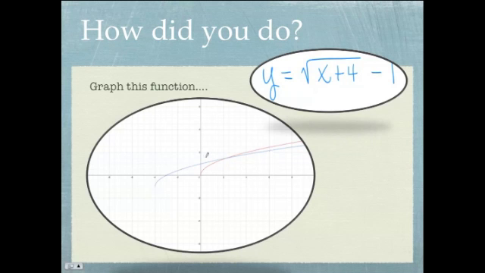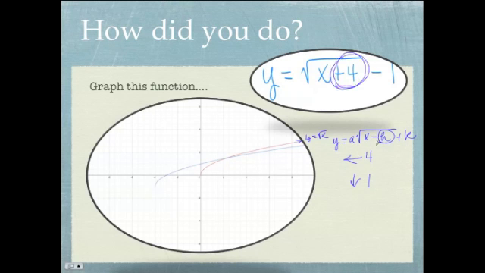Did you notice that here the red one is our parent function, so y equals square root of x, and then the blue graph has a shifting to the left 4 and down 1. It goes to the left 4 because our transformational equation is written like this. So what would h be so that there was a plus 4?